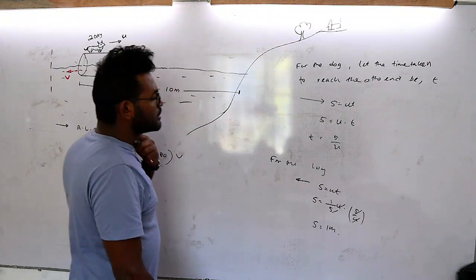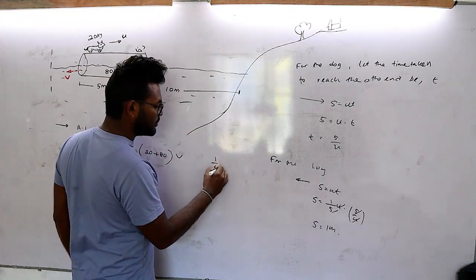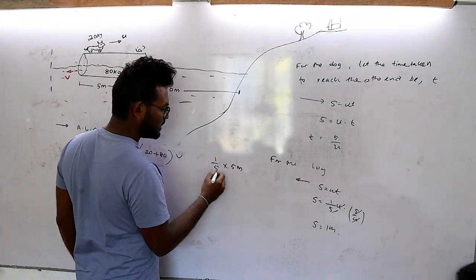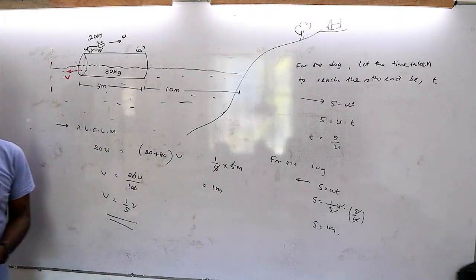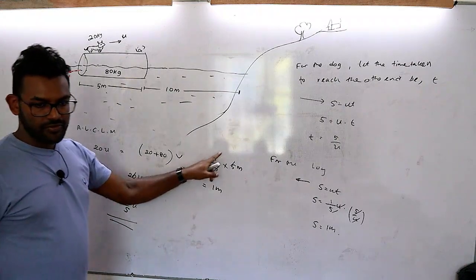Right? Then 1/5 of 5 meters, that is 1 meter. 1/5 of 5, you can write like this. 1/5 of 5, that is 1 meter.